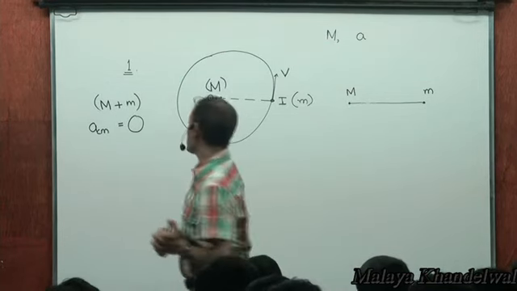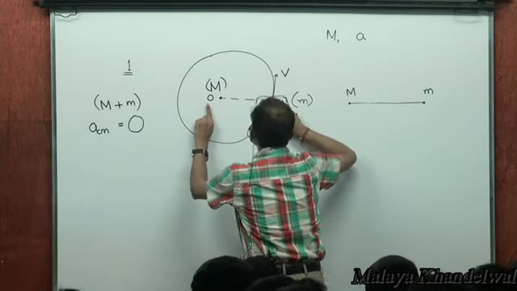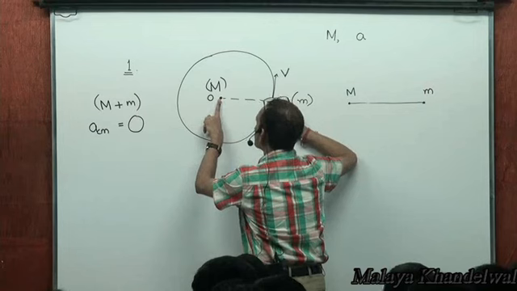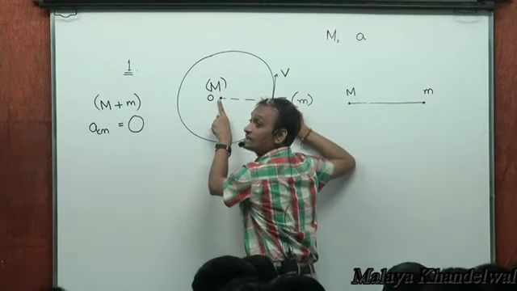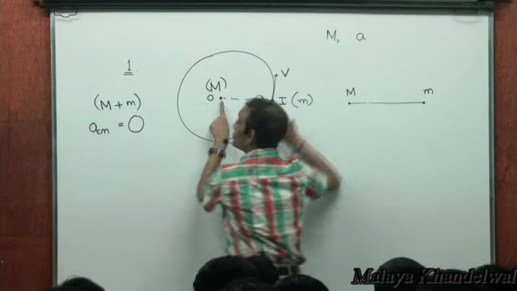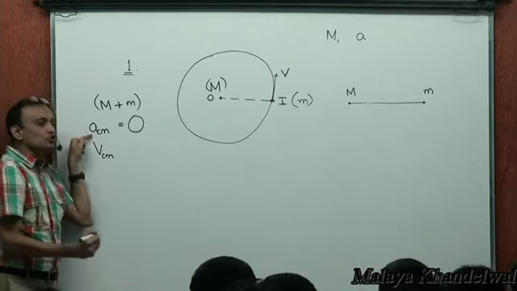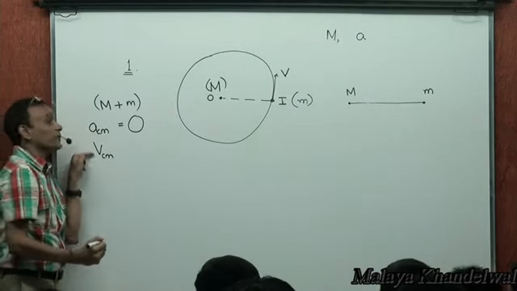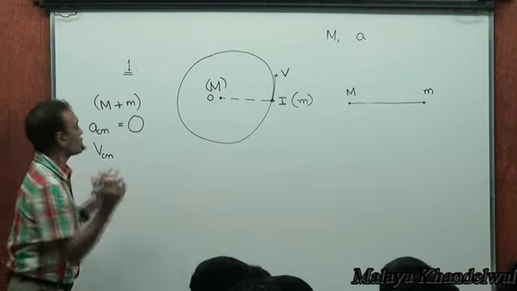Now, if the center of mass has no acceleration, when the insect was at rest, the ring was at rest, what was the velocity of the center of mass? 0. Right? So the velocity of the center of mass at one instance was 0, and there was no acceleration on the center of mass. That means the velocity of the center of mass must remain constant.